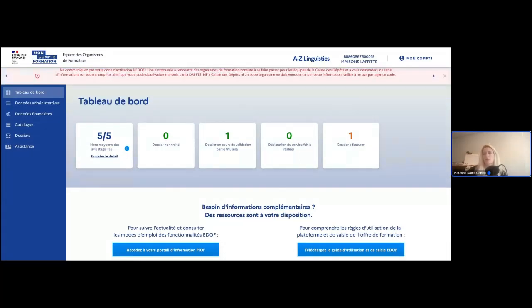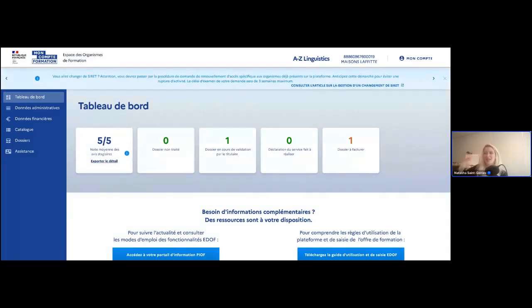So it's going to have their specific objectives in it. It might be, for example, the person's got a budget of 3,500 and your formation is 3,550 or something. So you can maybe add an extra hour, because they don't want 50 euros left on their account. They want to use the whole thing.